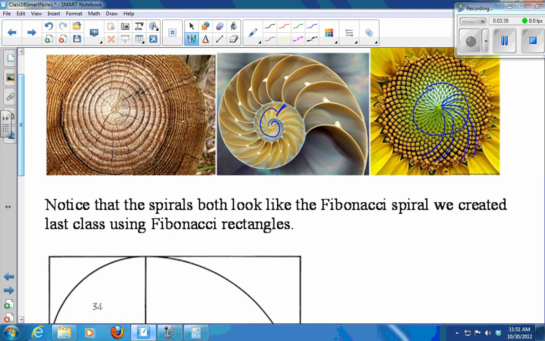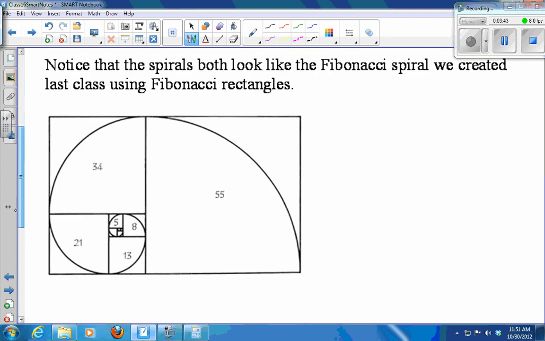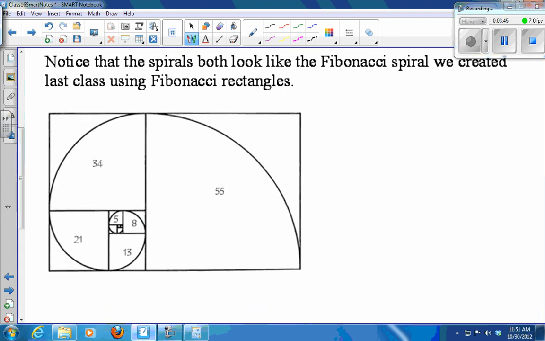And in both of the cases where we have the spirals, the spiral looks like this thing that we made last class that seems like a totally abstract spiral that we made using Fibonacci rectangles. So I started by making squares that had side lengths that were Fibonacci numbers, and each rectangle turned out to be a Fibonacci rectangle.